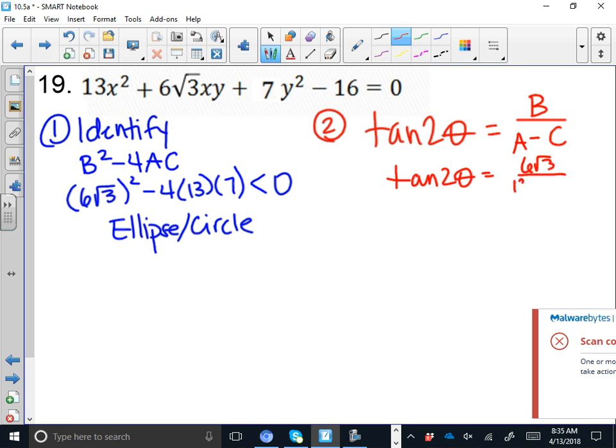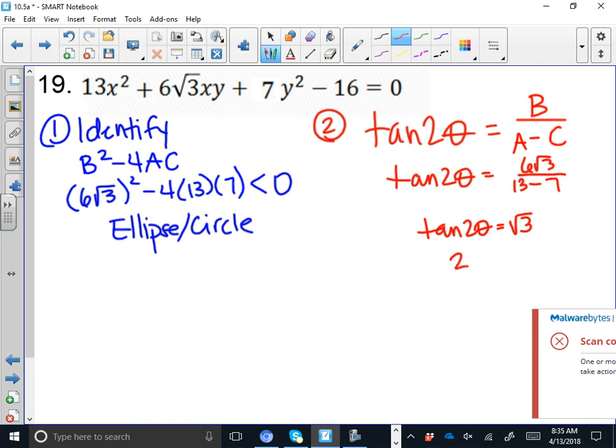Wait, hold on. I don't remember which one. So radical 3. Okay, so your ratio is 6 radical 3 over 13 minus 7. So basically, radical 3, right? Okay, Courtney went into the tangent, radical 3.